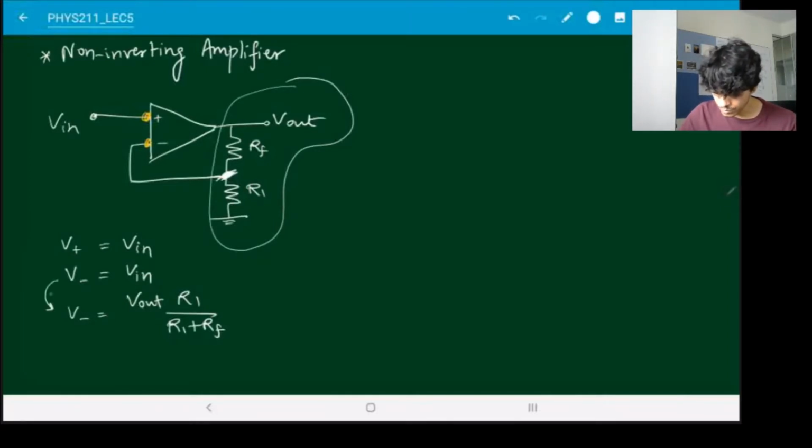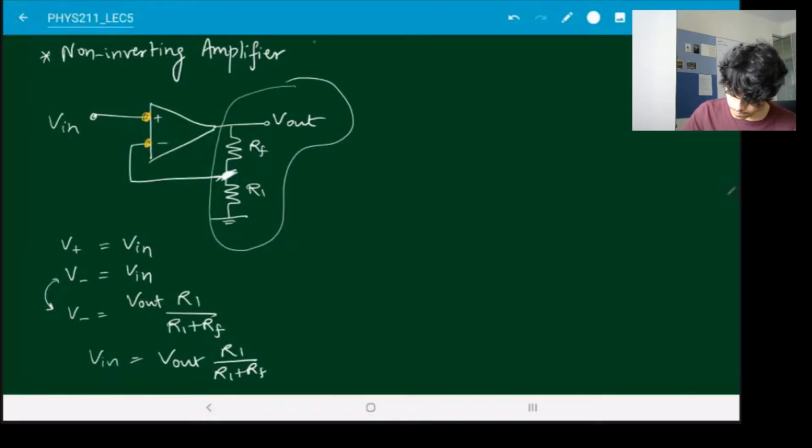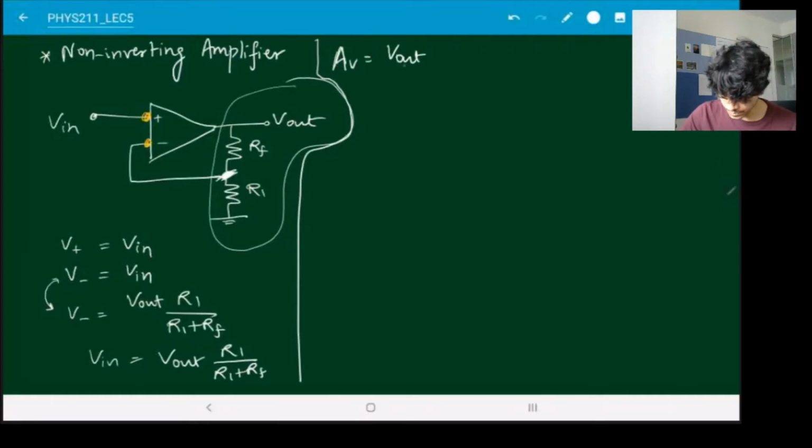So equating these two, we see that Vin is Vout times R1 divided by R1 plus RF, and therefore the voltage gain, which is Vout upon Vin, is R1 plus RF divided by R1, or you can say this is 1 plus RF divided by R1.